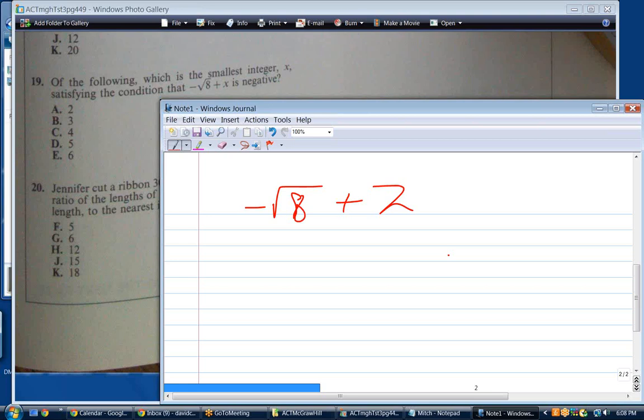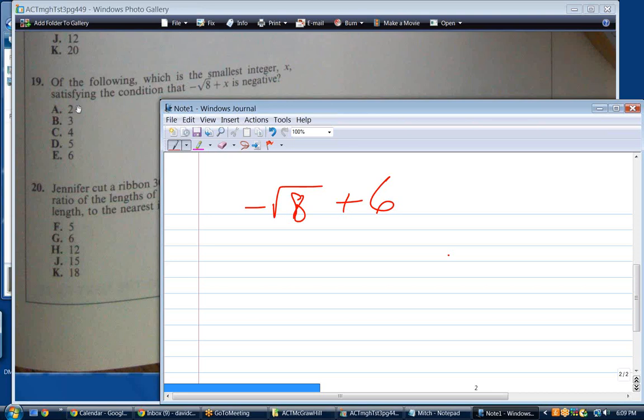Okay. You see why we'd start with 2? Because notice that if I start with 6, well, that's positive. But even if it were negative, I wouldn't know if that was the right answer or not. I would have to try 5 and 4 and 3 and 2, because it's asking for the smallest integer that satisfies that.